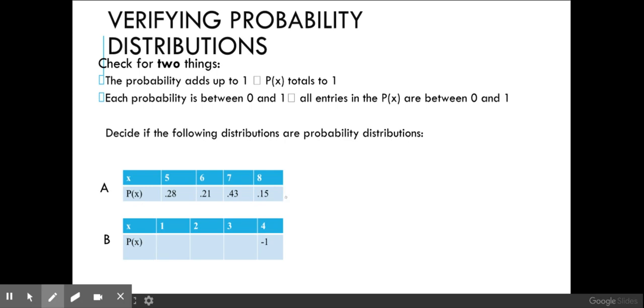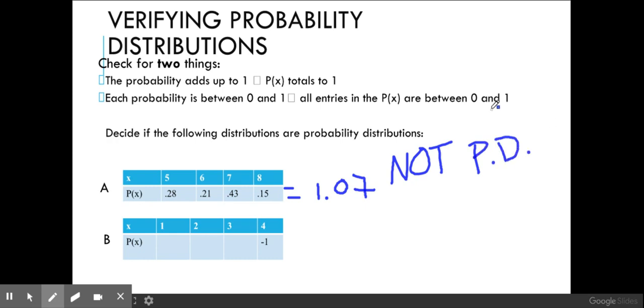We don't have any negatives. We don't have any numbers over 1. So now we need to add up these probabilities to make sure they total to 1. So 0.28 plus 0.21 plus 0.43 plus 0.15 equals 1.07. So this would not be a probability distribution.